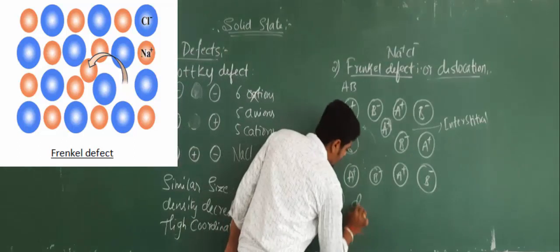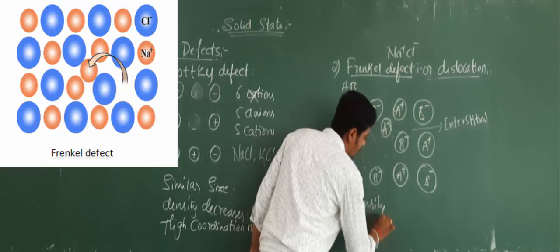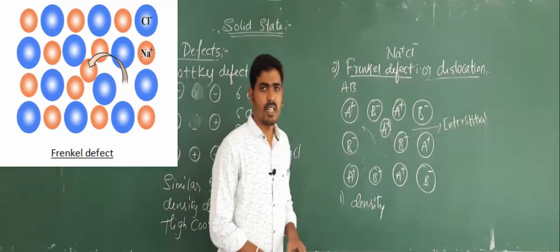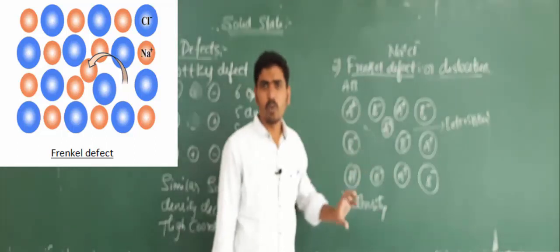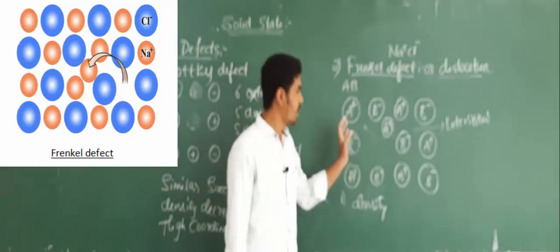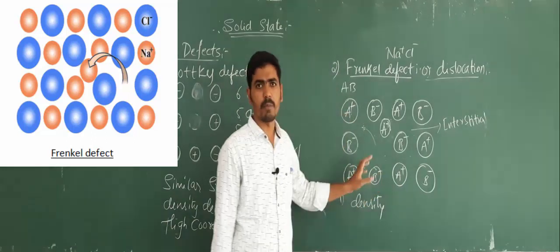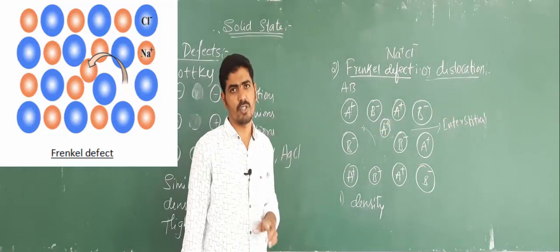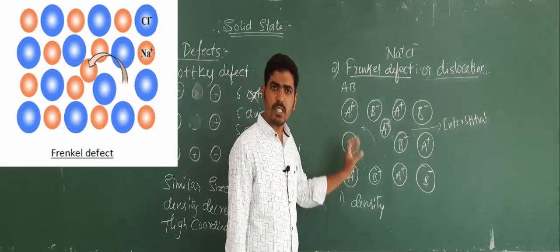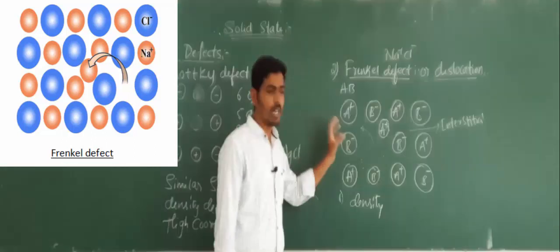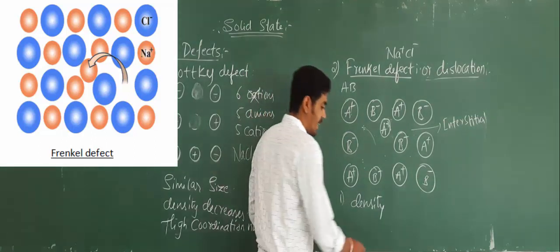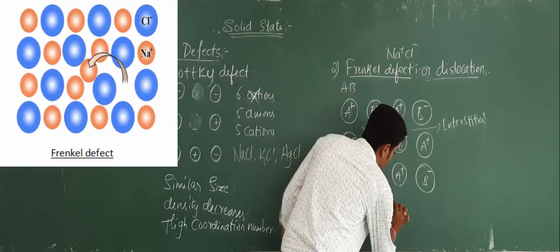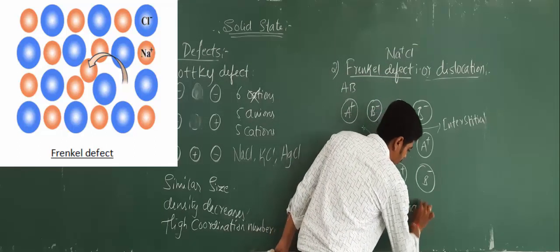Will it increase or decrease? As you observe here, no particle is either removed or added. The number of particles remains the same, only the position of the particle has changed, and hence the mass remains the same and the volume also remains the same, so the density remains the same.